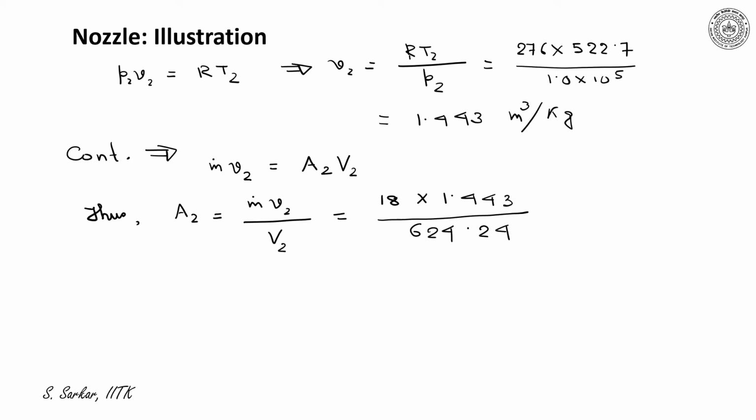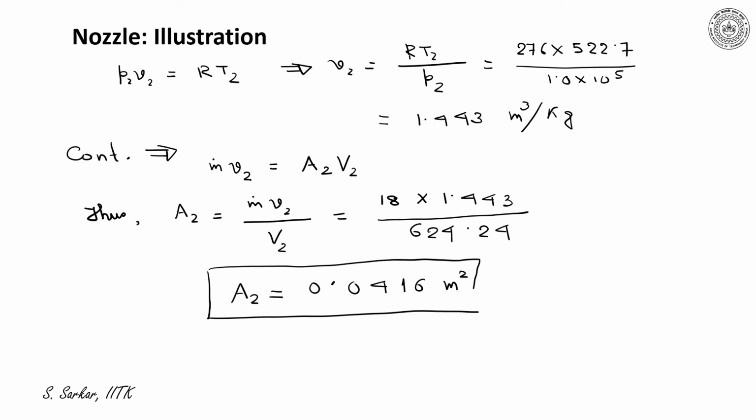So if I do that, I'll get A2, the exit area, as 0.0416 meters square. Thus, I have got an answer for the exit area of the nozzle.